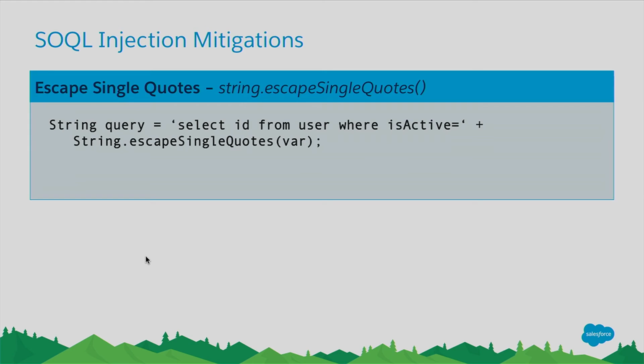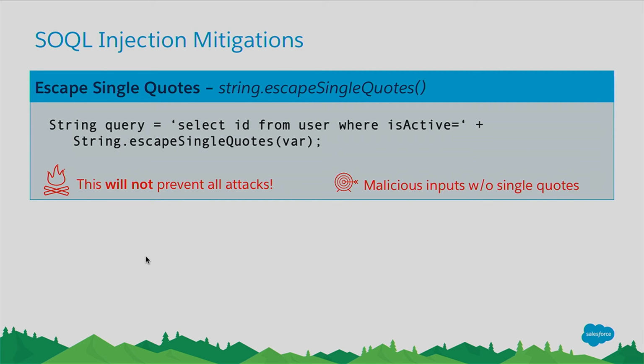So if you call this string escape single quotes method, it's going to replace that single quote with a literal escaped single quote. So it's not interpreted as a control character by the query and doesn't allow us to escape. But that doesn't work in all cases. That's really only good when we're talking about strings, because there's other types of queries where we might be able to provide malicious inputs that don't contain a single quote.